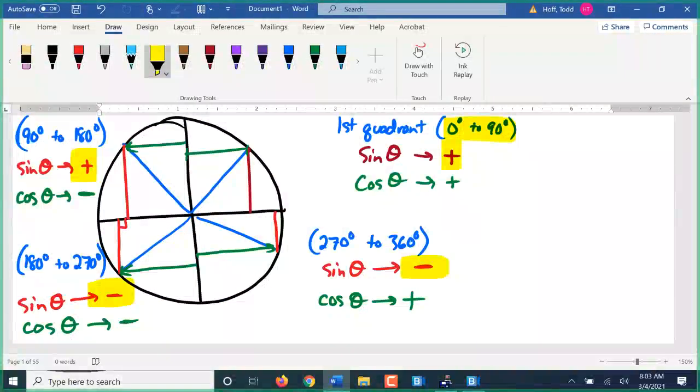The cosine also has two spots where it's positive, 0 to 90 and 270 to 360. The cosine is positive on the right side of the circle, and negative over here, between 90 and 270, from 90 to 180 and 180 to 270.